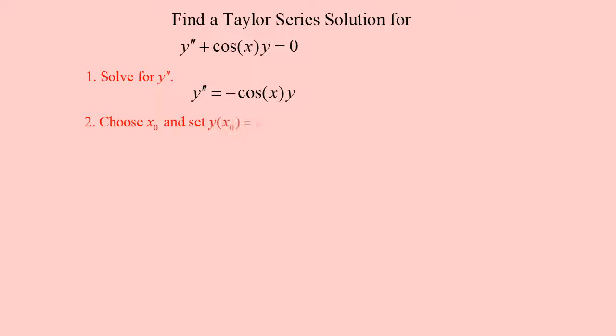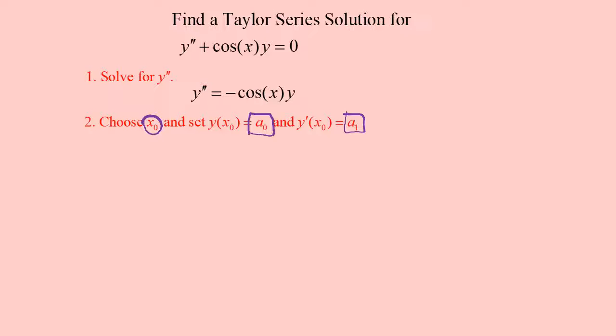Step number 2 is to decide what point we want to expand about. If you heard what I just said a minute ago, we can expand about any number whatsoever because there are no singular points for this. And all that this is saying is you need to come out with two constants in your solution.